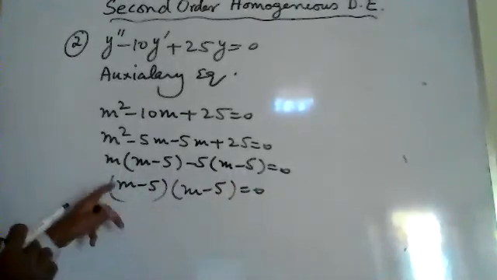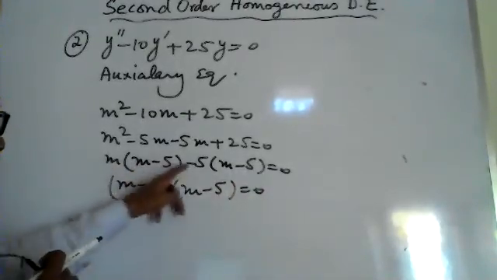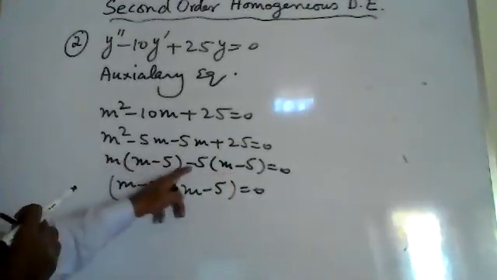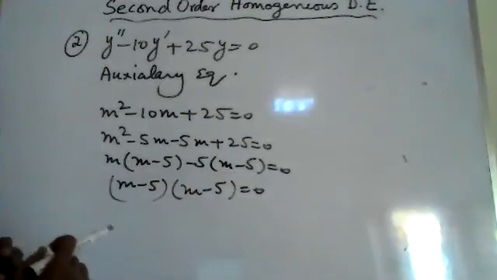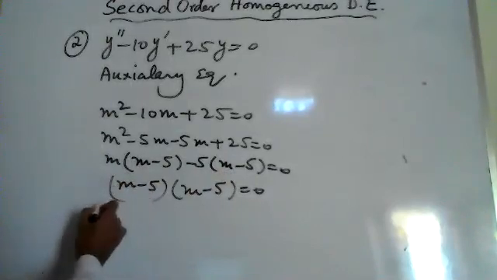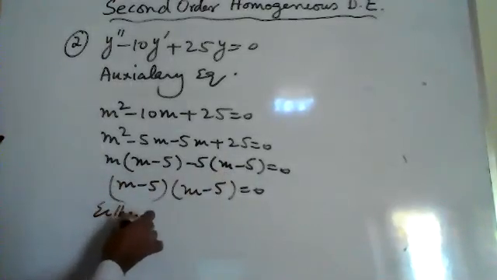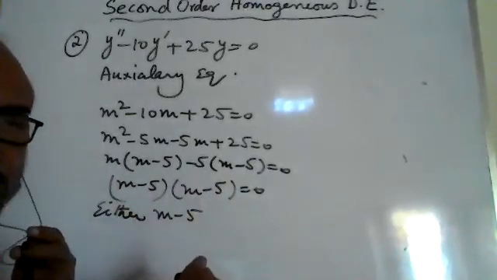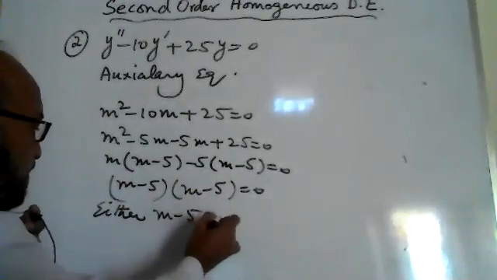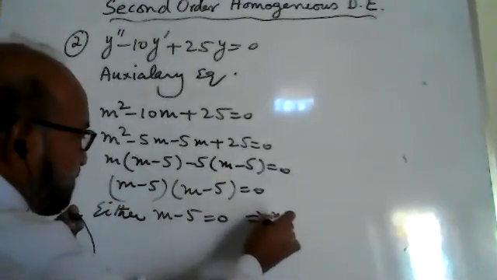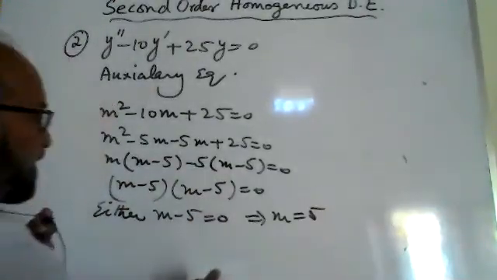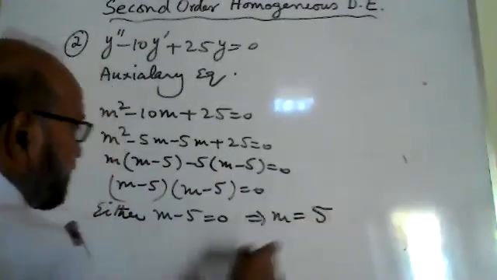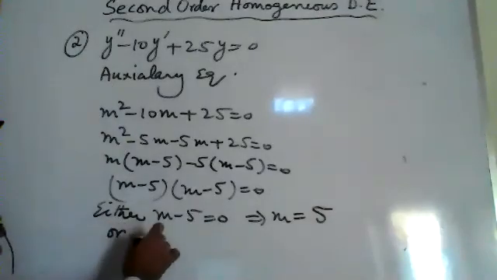Now if you take this one, either m minus 5 equal to 0, m is equal to 5, or this.